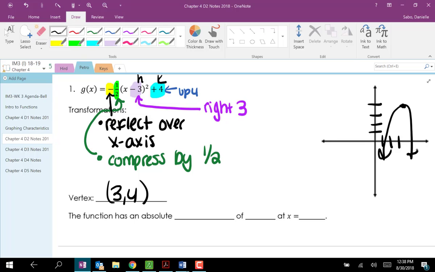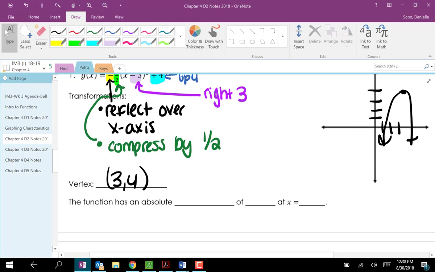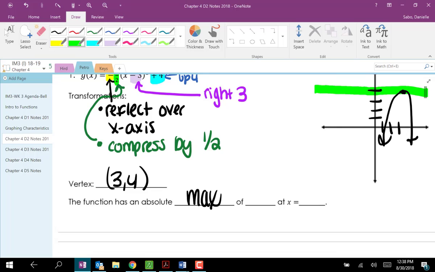Is this going to have a max or min now that we just drew that out? A max. Yeah, because look, if I highlight this in green, there is nothing higher than that vertex point. There's stuff lower than it, just not higher.